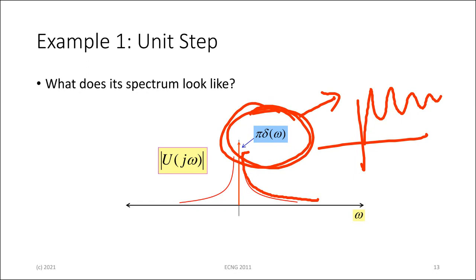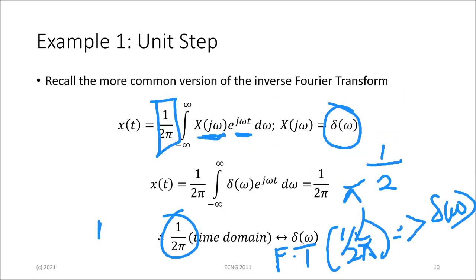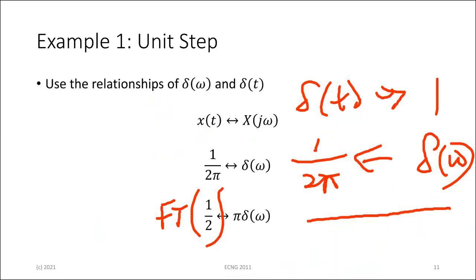What I need you to understand is to go back to this behavior, when we were talking about the dual in time and frequency. You know that an impulse in time gives you a constant 1 in frequency.